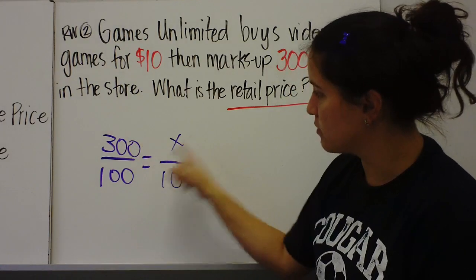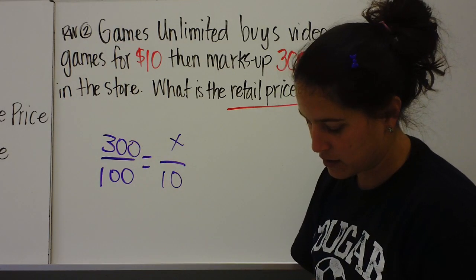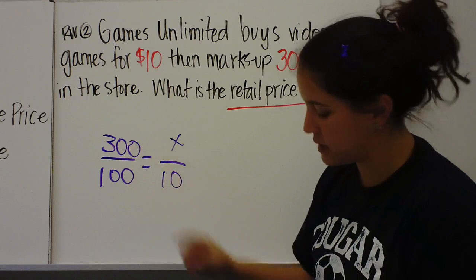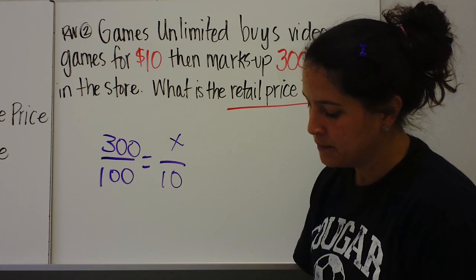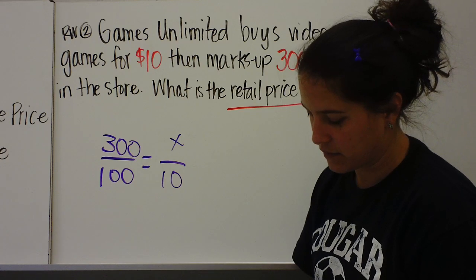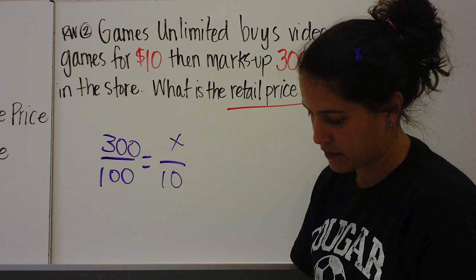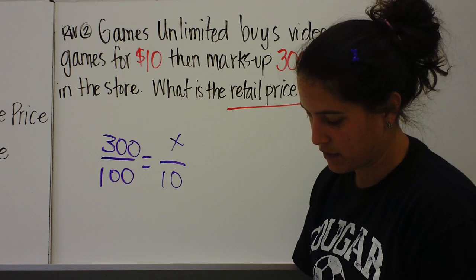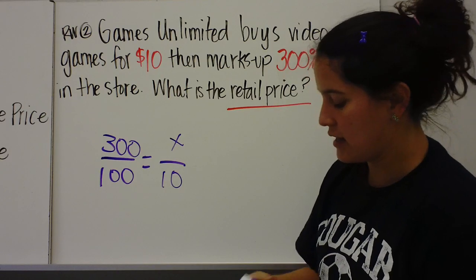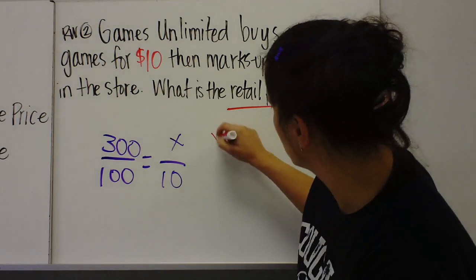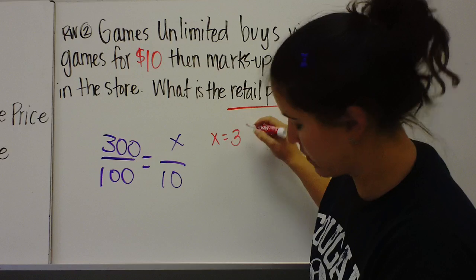So we're going to cross multiply and then divide. 300 times 10 divided by 100. And x equals $30.